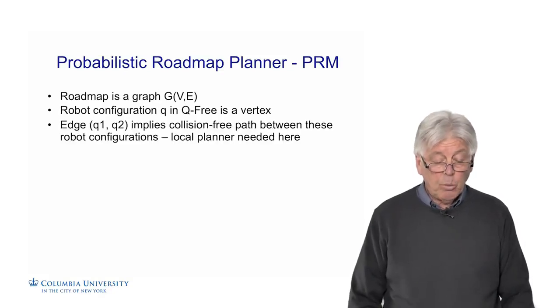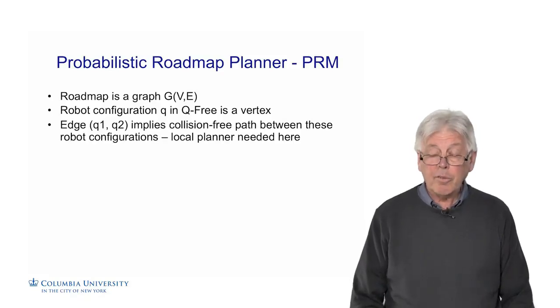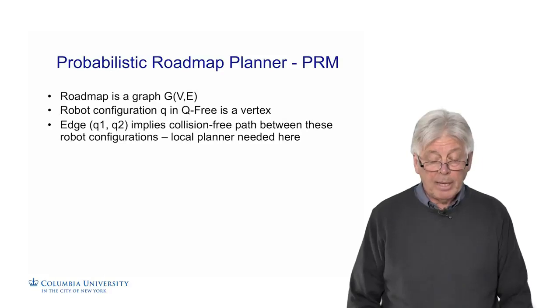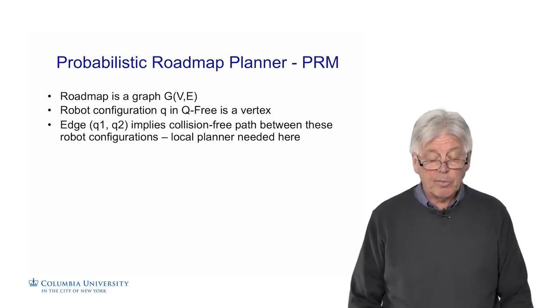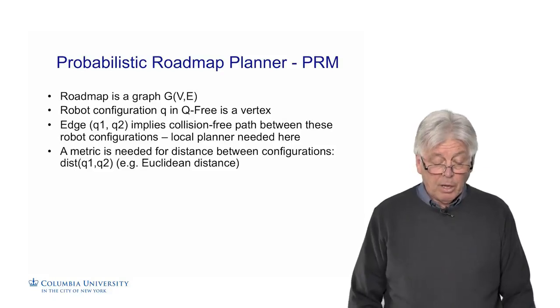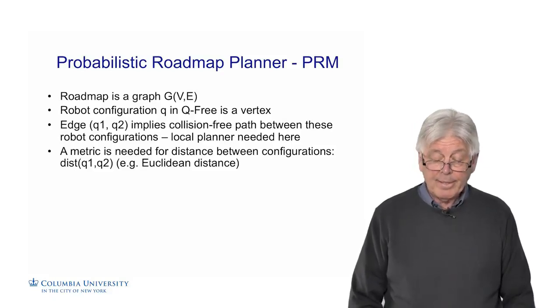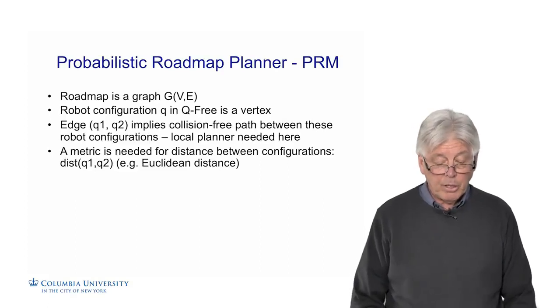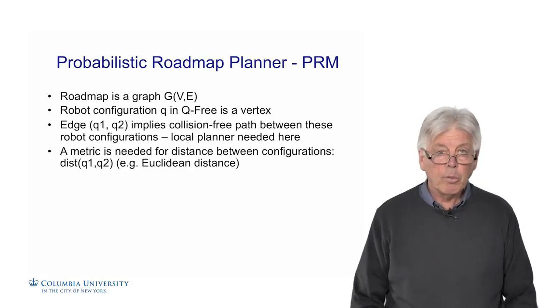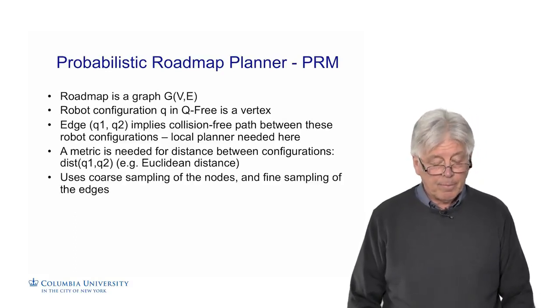An edge between Q1 and Q2 implies a collision-free path between these robot configurations. And again, we need to have a local planner to do the planning between these two small configurations. We also need a metric to find the distance between configurations. So we want to find the distance between two configurations. For example, we might use the Euclidean distance if it's a point robot to see where the neighbors are.